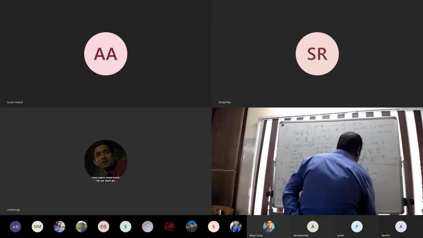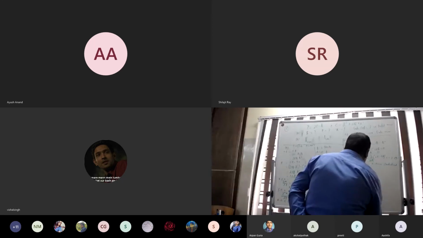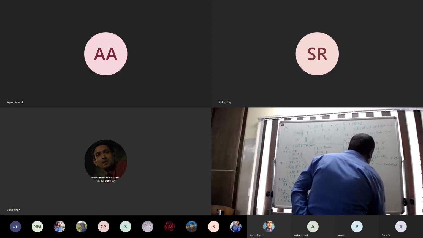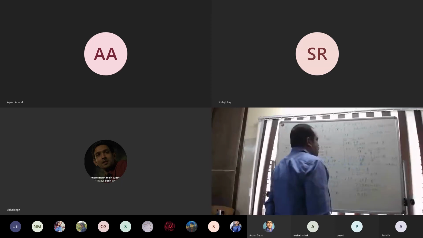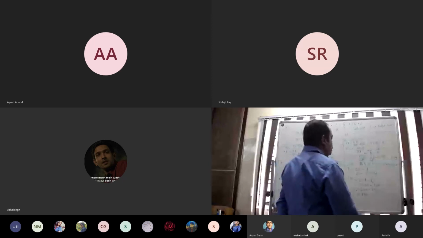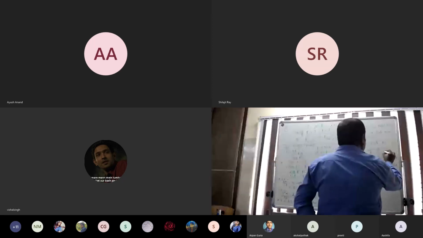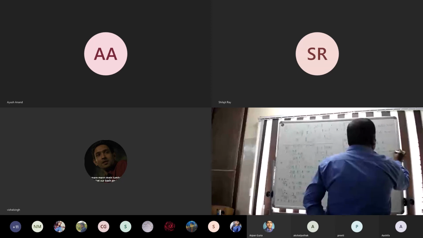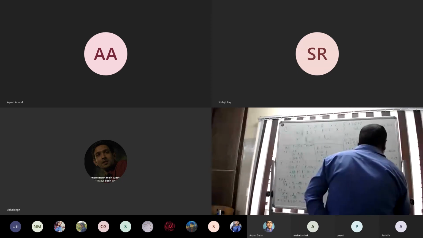So 20 into 10 minus 10 square. So 200 minus 100 equal to 100. So here we got Q equal to 10 units. This is in rupees and this is also in rupees.